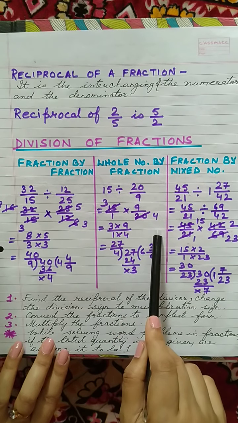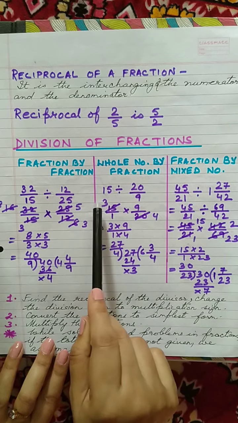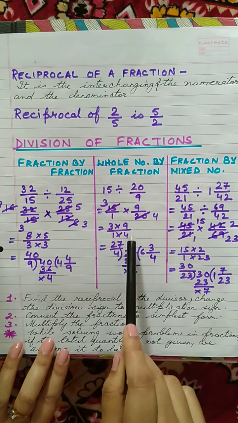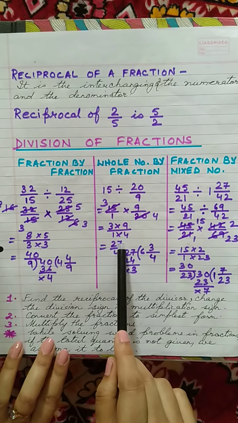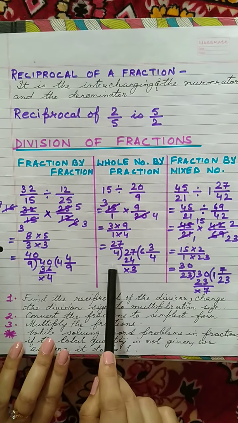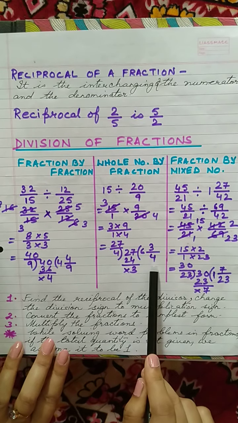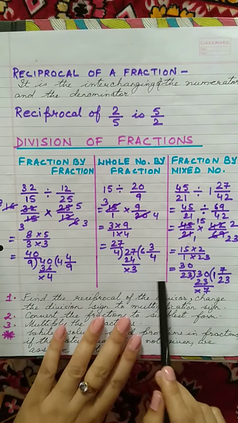Nothing can be cancelled anymore by the same number. So in the numerator we have 3 into 9 and in the denominator we have 1 into 4. So 27 by 4 is your answer, but it is an improper fraction. So we change it to a mixed fraction and your final answer is 6 3 by 4.